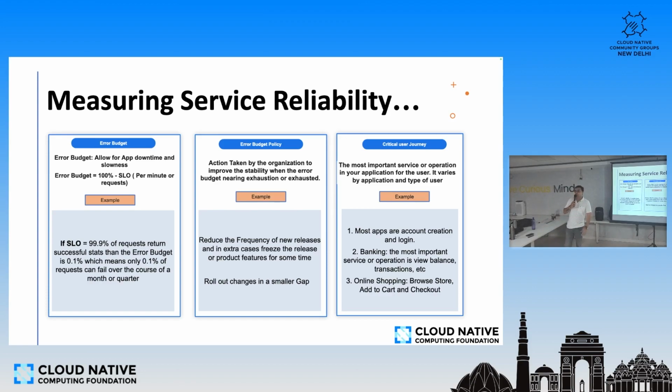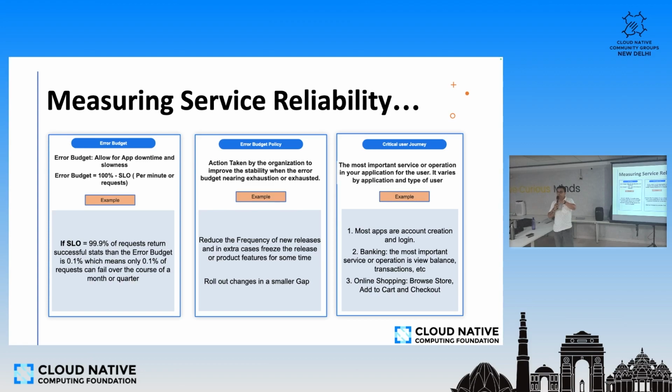Let's say you have a Google search service running over the year, and some outage happens, and it's 99.99%, then the error budget is 50 minutes over the year. So you can lose 50 minutes of downtime and slowness. This is what you have as the error budget.